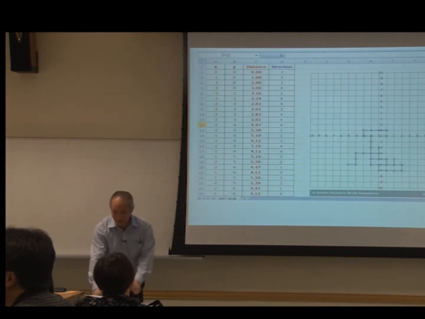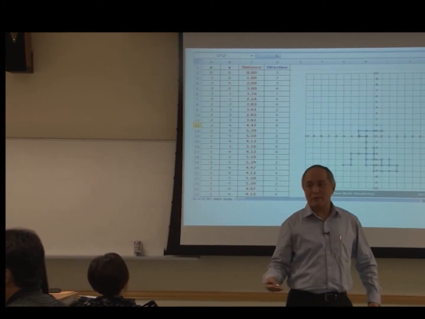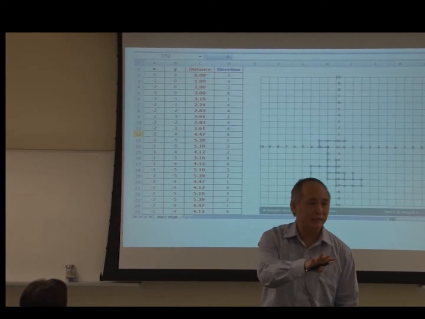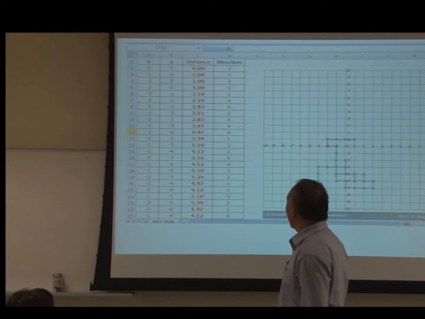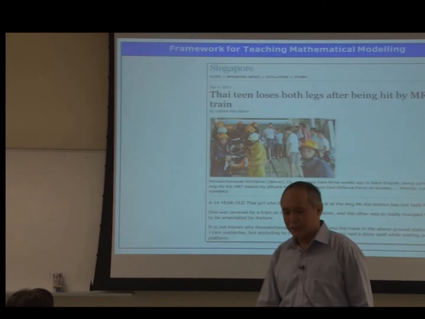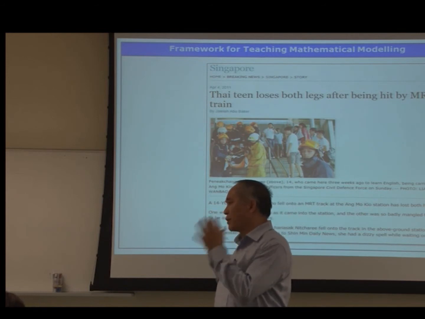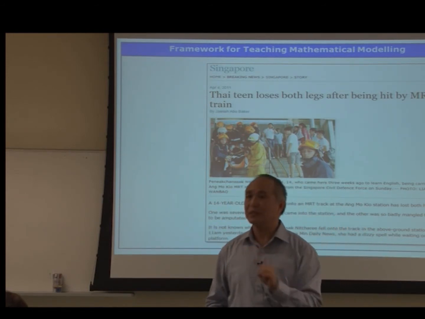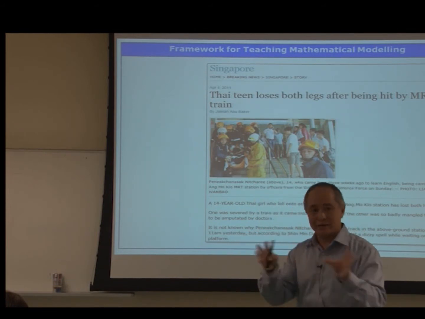But that's not really the whole point of why I want to describe this example. Now we all know roughly this is a simulation model. The reason I describe this example is to ask you this question. Suppose this is the problem that we want to pose to the students, Sec 2, exactly what I said just now.